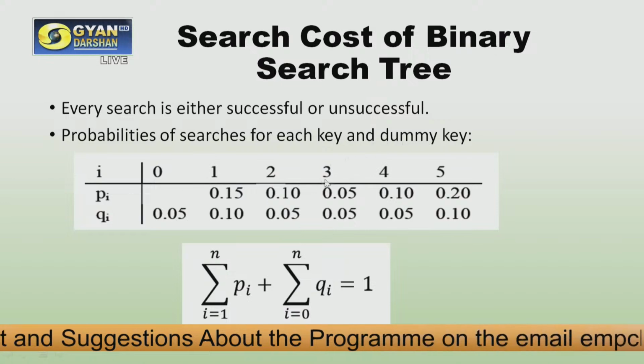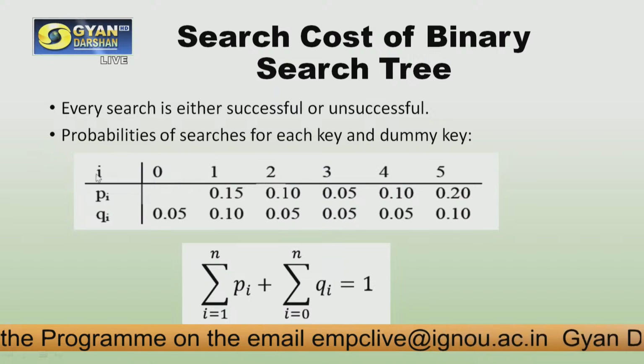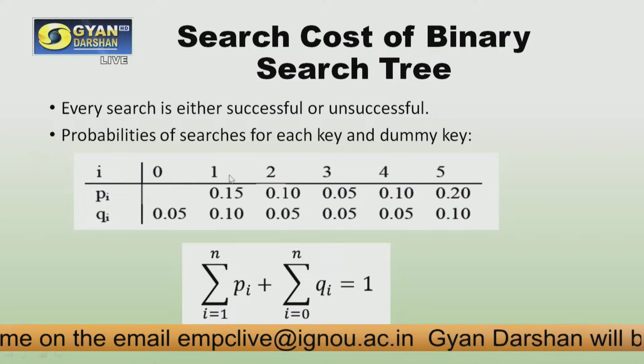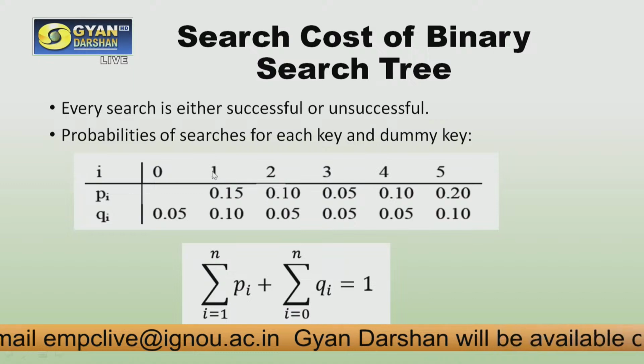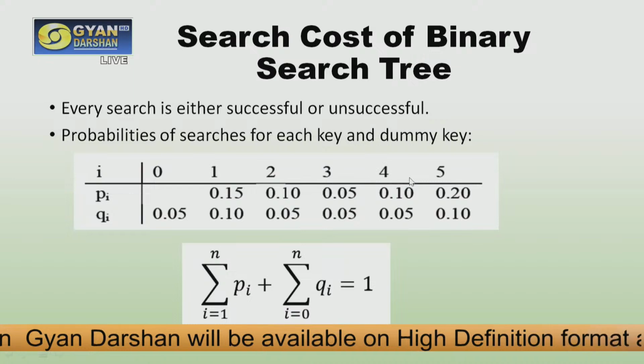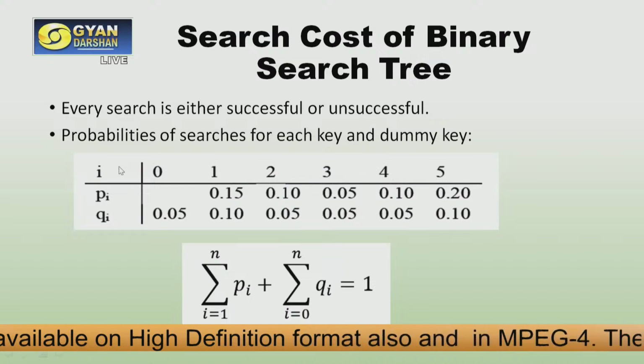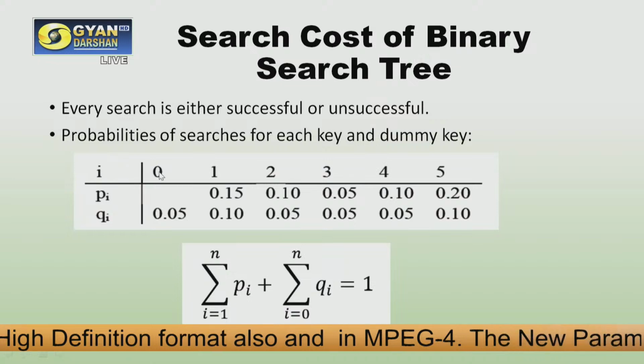The probabilities of search for each key and dummy key are shown in this table, where i represents the node. Remember, these node numbers are K1, K2, K3, K4 and K5, the 5 keys we were referring to, and 0 represents D0.